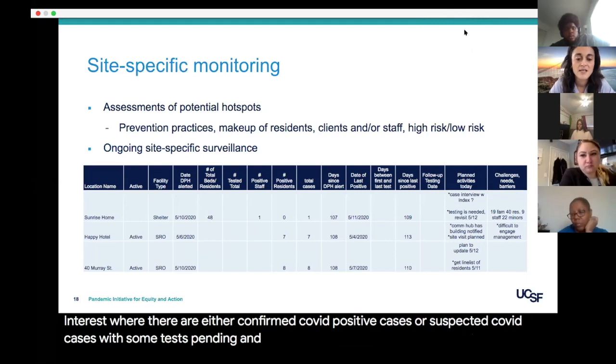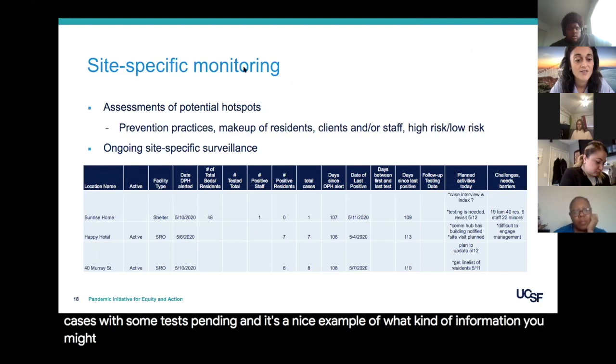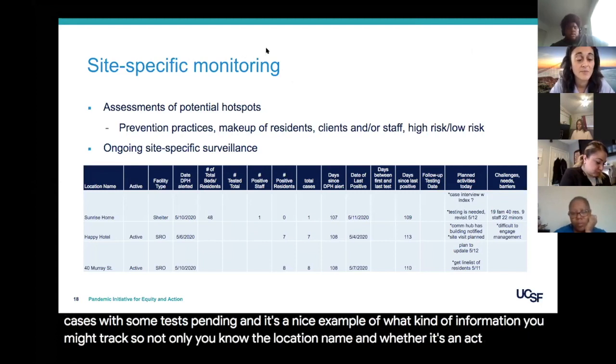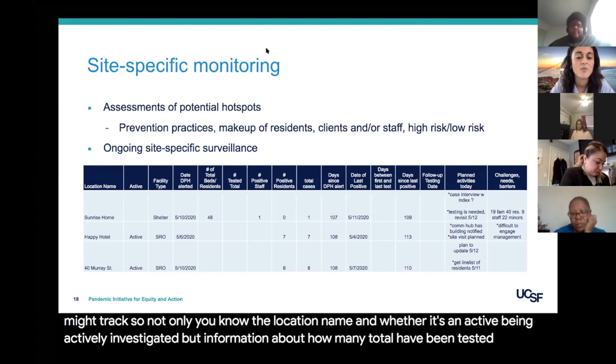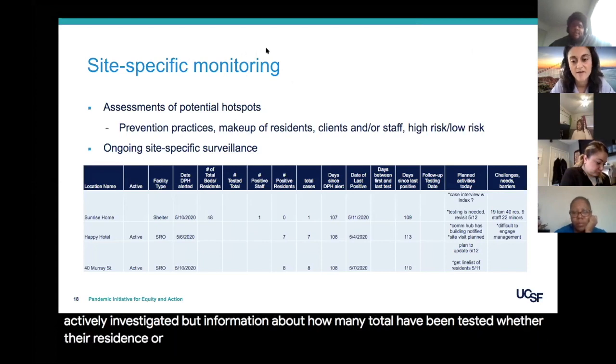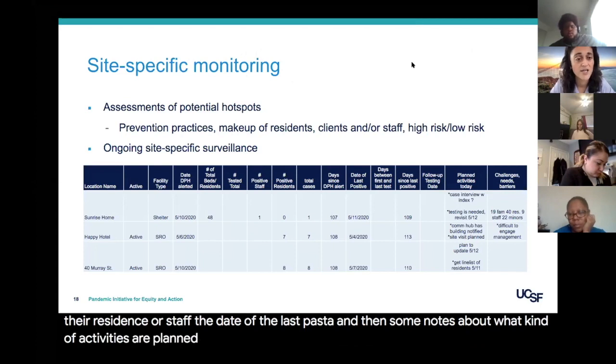And it's a nice example of what kind of information you might track. So not only the location name and whether it's being actively investigated, but how many total have been tested, whether they're residents or staff, the date of the last positive, and then some notes about what kind of activities are planned and what kind of challenges are specific to that site.